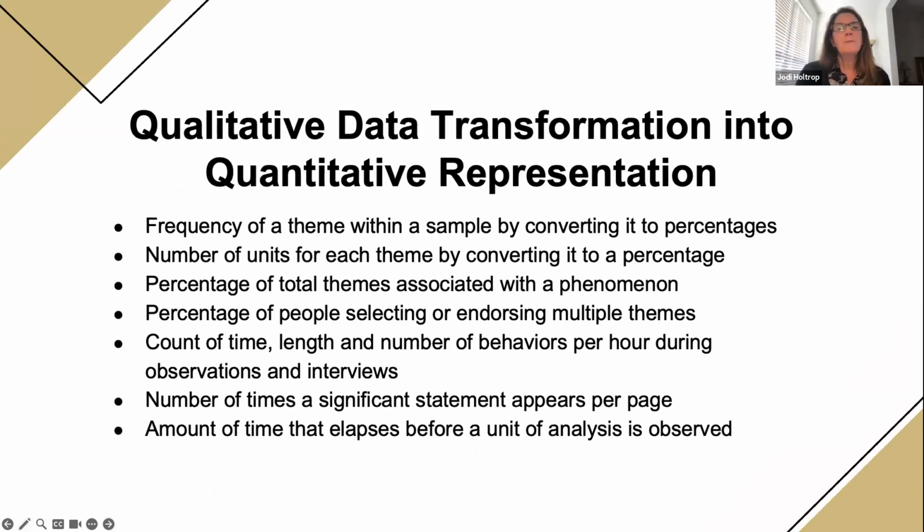Here's what it looks like: frequency of a theme or number of units of each theme in a percentage. You're turning your themes and your answers into numbers, you're categorizing things. Number of times a significant statement appears on a page, amount of time that elapses.